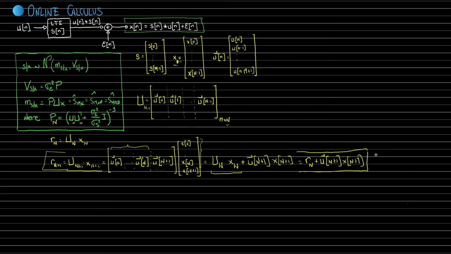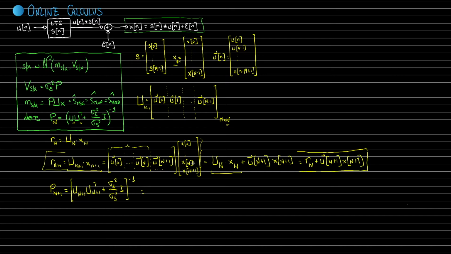Okay. Well, the iterative computation of capital Pn is a bit more complicated, but we can at least give some idea about how it works. Pn plus 1 is equal to un plus 1, un plus 1 transpose plus sigma epsilon square divided by sigma s square times the identity matrix to the minus 1.